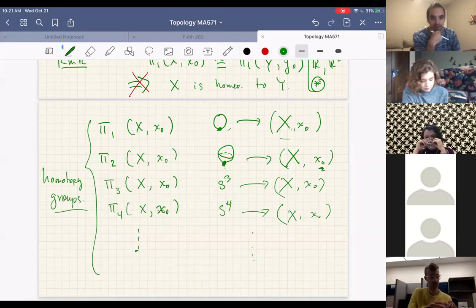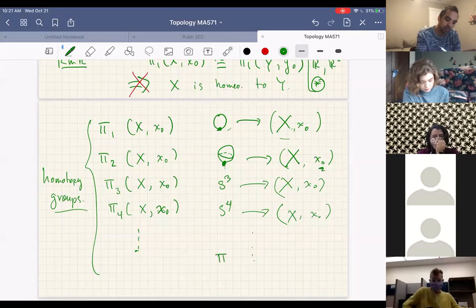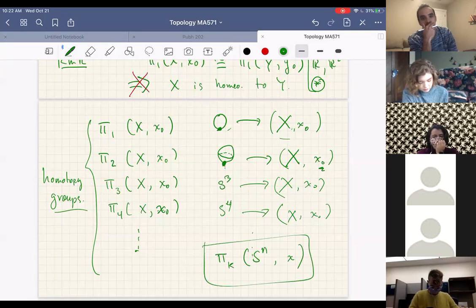These are very complicated, very hard to compute. It's a major research area in topology, and it has been for the last 50 years, in particular computing homotopy groups of spheres. Even these are very hard to compute. Where your space is just a point, all of these are trivial.